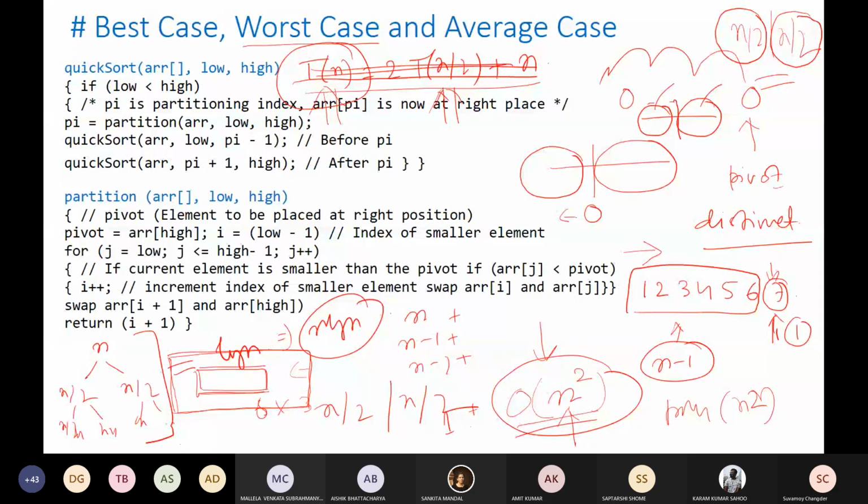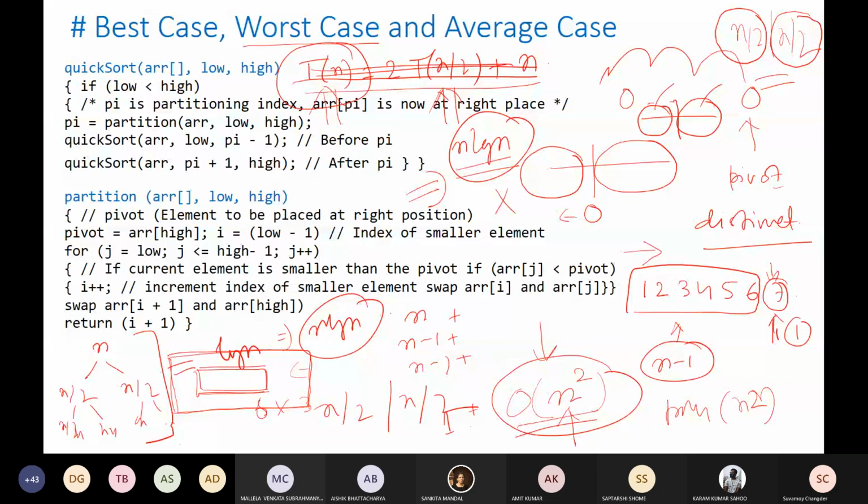Best case means at least we require this much time to execute quick sort. If someone asks whether it is possible to execute quick sort in less time than n log n, we will say no, it is not possible. Why? Because we know the best case time complexity is n log n, so we require at least n log n to execute quick sort.